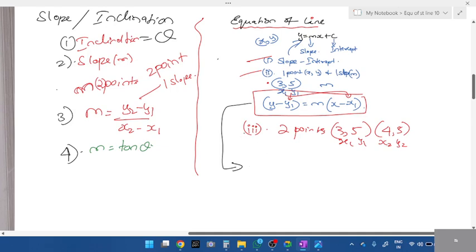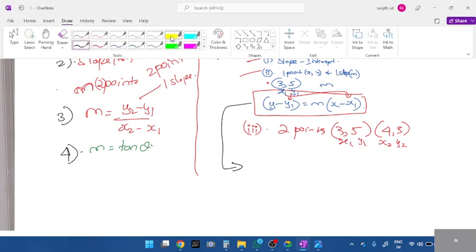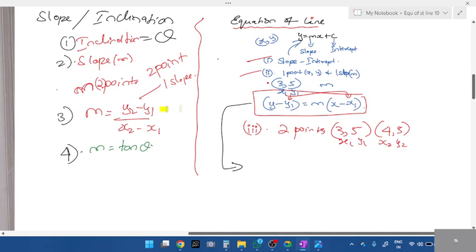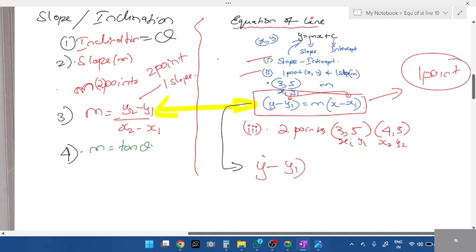Now the third formula is related to the first one and the slope formula. I'm going to relate these two to get the third formula. Two points are given, students. This formula already has the one point concept. Let me keep y minus y1 as it is. In place of m, what should I substitute?